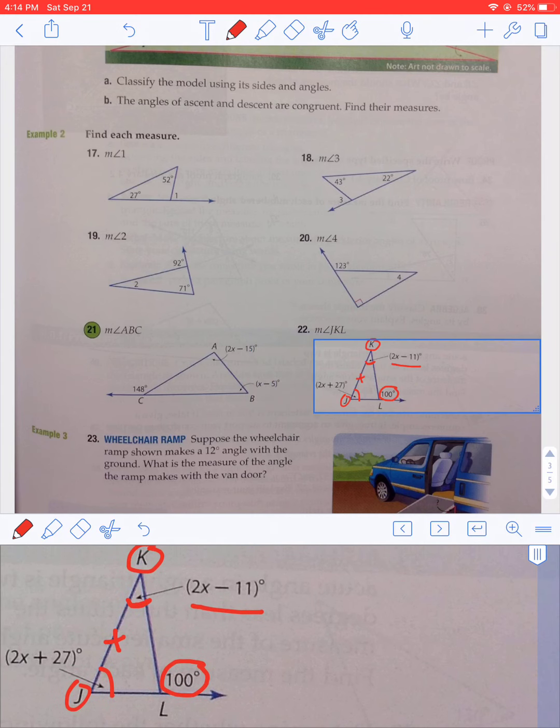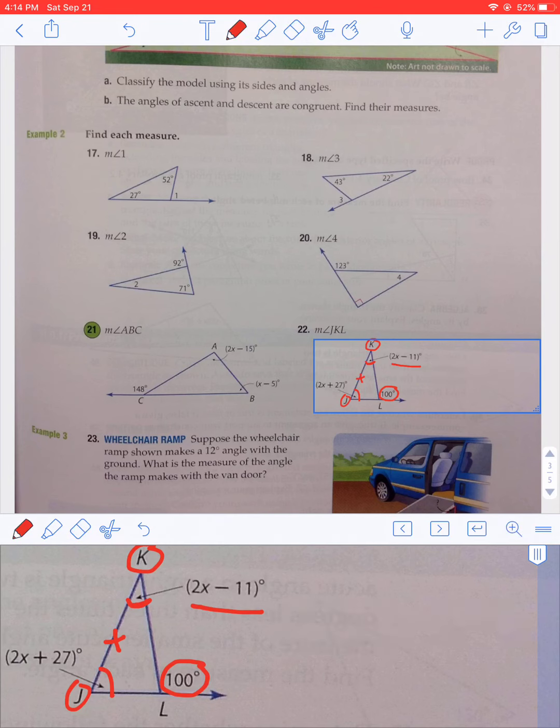I'm going to scoot on over here to the side. So we're going to say 2x plus 27, that's our first remote interior angle, plus our second remote interior angle, which is 2x minus 11. I'm going to erase that and do it a little lower so that it fits.